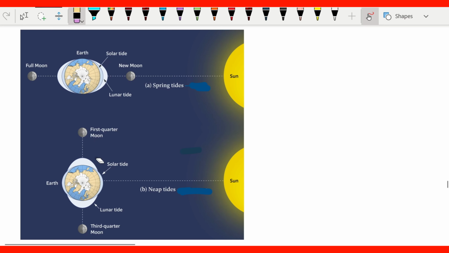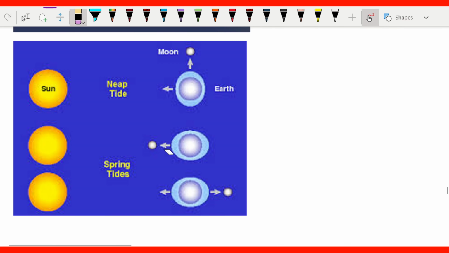While at the first quarter moon and the third quarter moon, they will actually produce tide, but it's not as high as when the Sun, Moon and Earth are in this position. So where the Sun and Moon pull in the same direction, this is the greatest tide. This is not so, and this is also not so. We call these neap tide and spring tide.